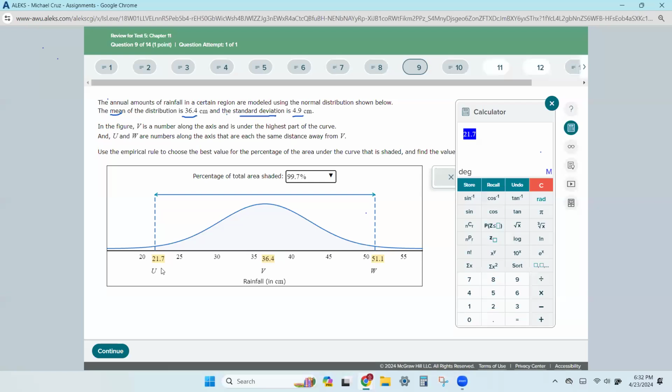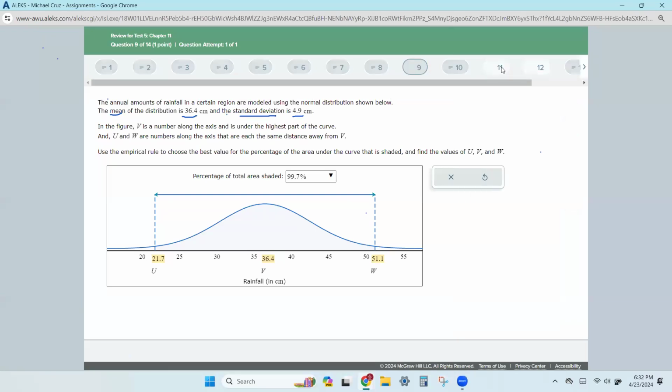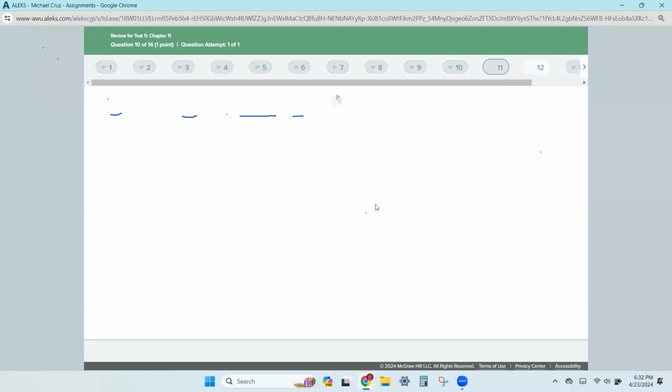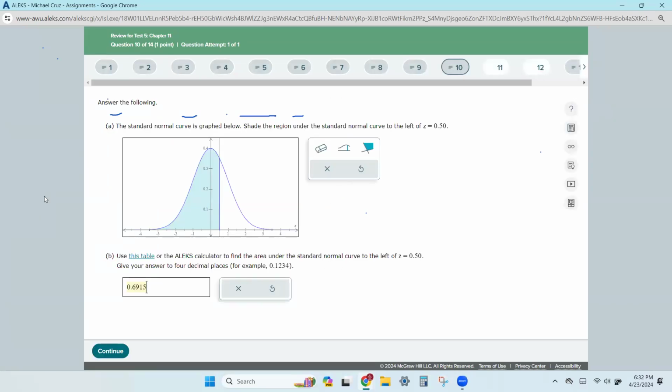Before I hit that next one, I think the next one is 11 and 12 are the same. All right. We'd already done 10, and this is the one where it's less than. Left.